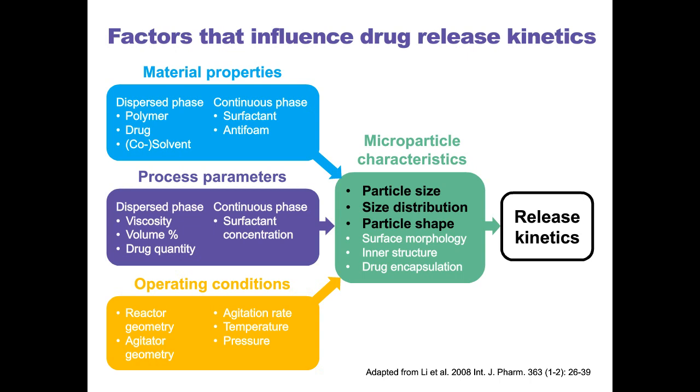These all have their influence on microparticle characteristics, namely particle size, size distribution, particle shape, surface morphology, inner structure, and also drug encapsulation efficiency, which directly influence drug release kinetics. In this presentation, I would like to focus on the first three microparticle characteristics, which are related to size and shape.